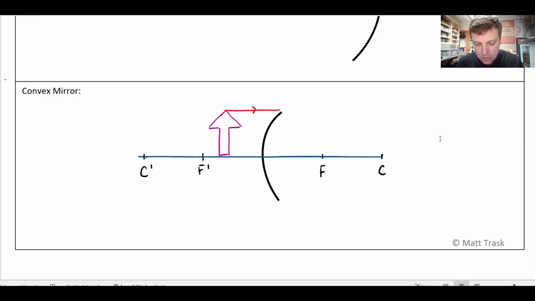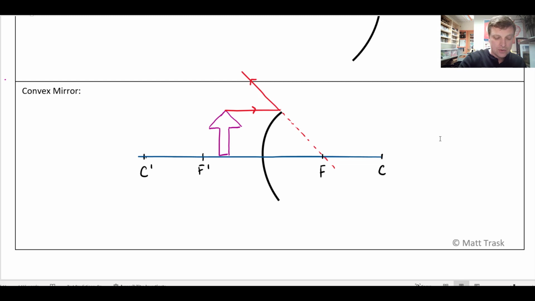And if I line my ruler up, I can see that the ray is going to bounce upwards that way. Now, while I've got my ruler still down, I'm just going to carry this line back through the mirror and just kind of continue along, because as we're going to see in a second, this image is going to be virtual. It's only going to really appear behind the mirror.